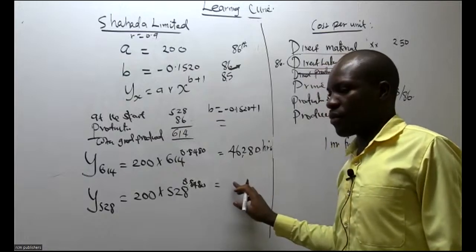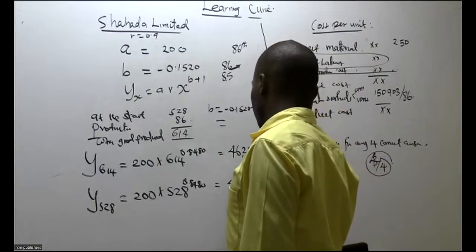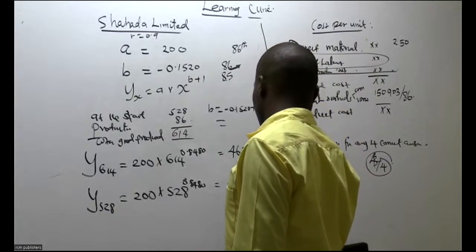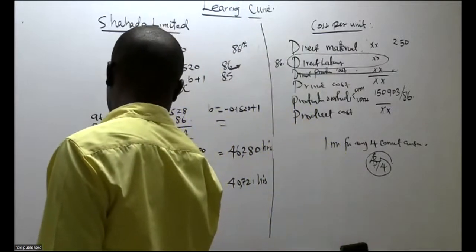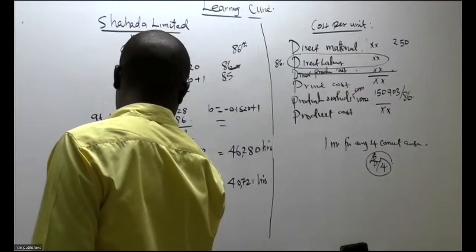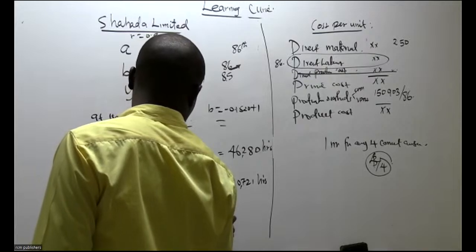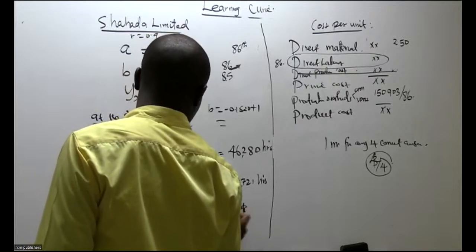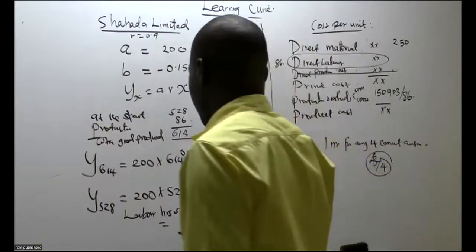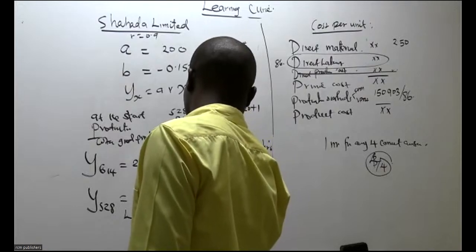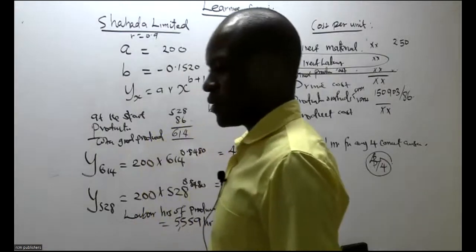What do you get? We have 721 hours. Then the labor hours of producing 86 units during the period, how many are they? 559 hours.